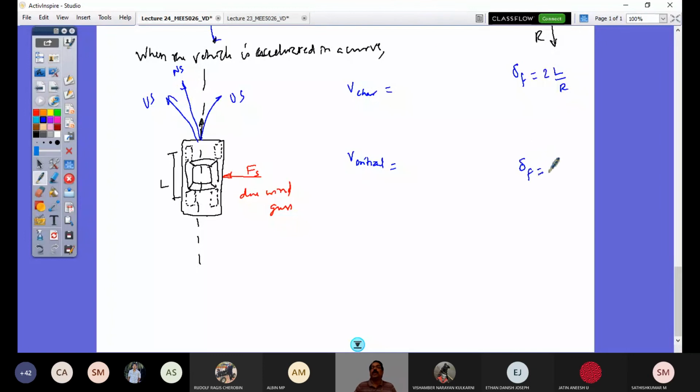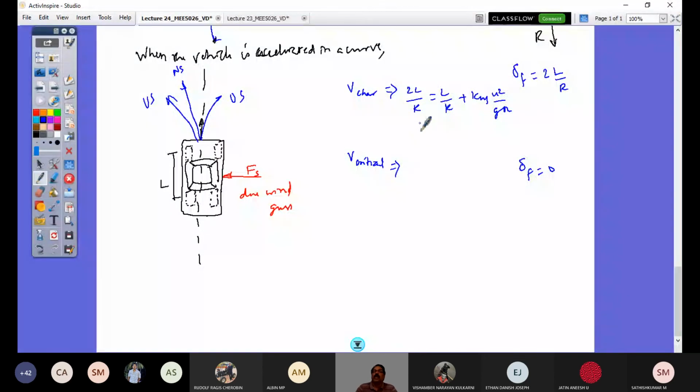So if I follow this to get my V characteristic or V critical, I would take my equation of delta F, and in that I would substitute in place of delta F 2L by R, and on this side L by R plus KUS into U squared by GR.